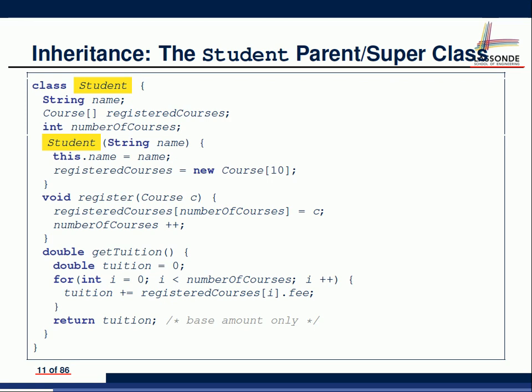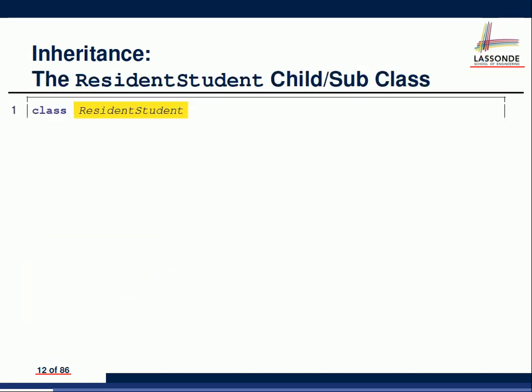We have two children for now. Let's see. Number one, we have resident student. You have to declare that resident student extends student. So this is a very, very powerful notation over here. It says that every line of code, let's put it that way, including attributes, accessor methods, mutator methods, and constructor, everything you declare in the student class will be available for use in the resident student class.